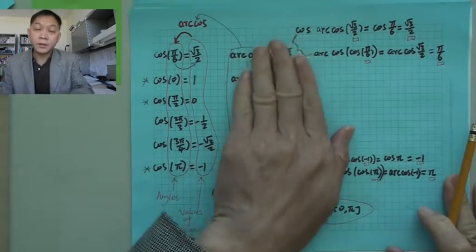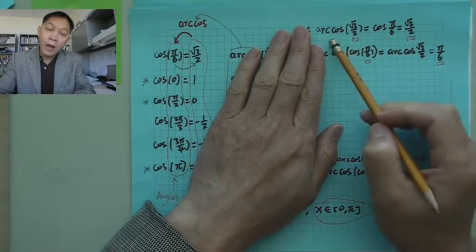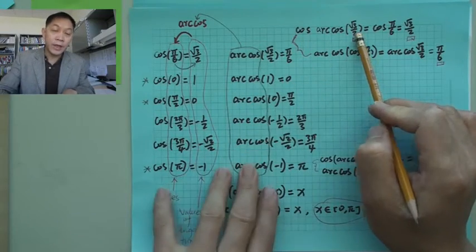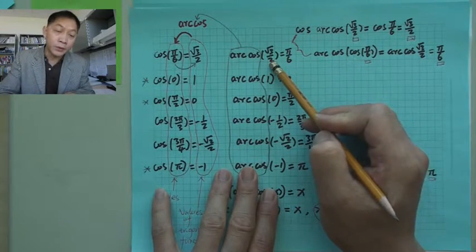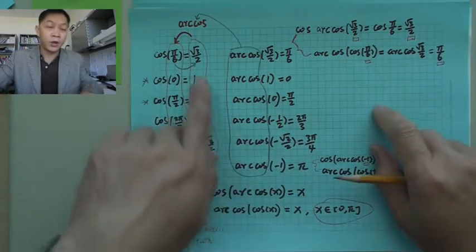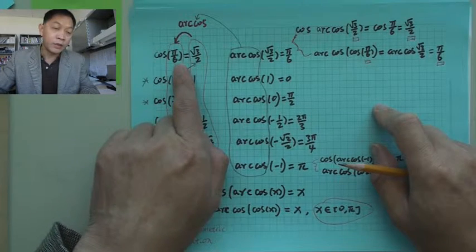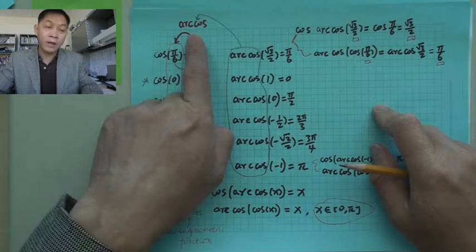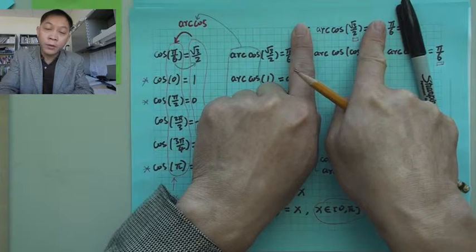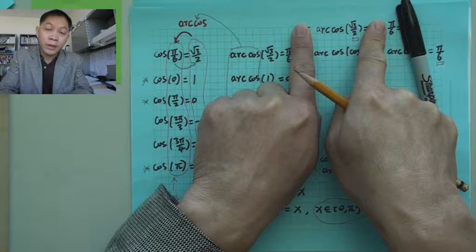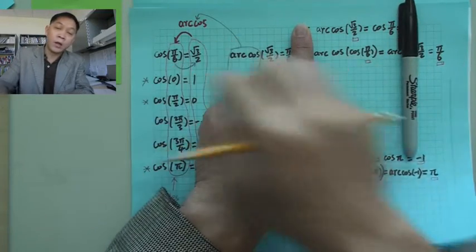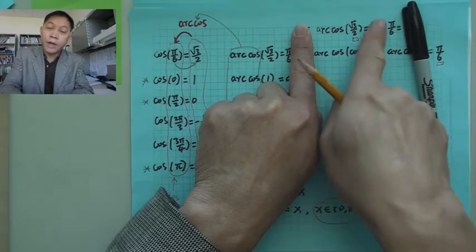So if you look at here, arc cosine of radical 3 over 2, you studied radical 3 over 2 from here to the left, you get the angle. So radical 3 over 2 gives you pi over 6 for arc cosine. Then you end up with this angle, pi over 6.